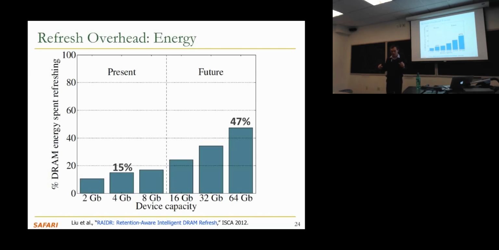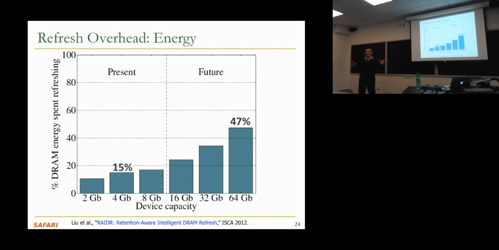But studies show that big data center servers spend approximately 40 to 50% of their entire system energy on the memory system, and the rest on the processors and the interconnect and the caches. And 15% of that is spent on refresh for this DRAM, at least. Well, it may not be 15% of that exact 50%, but 15% of the DRAM energy. And going forward, this will increase also, right? 50% of the DRAM energy will be spent on refresh. So obviously, this is a problem.